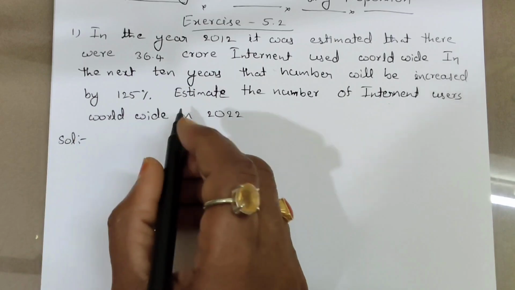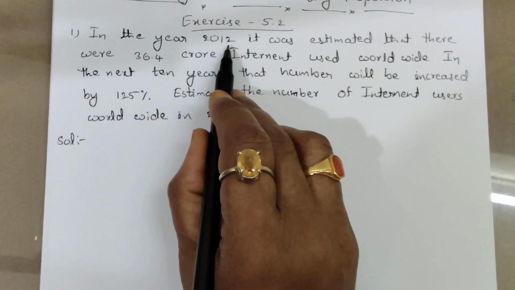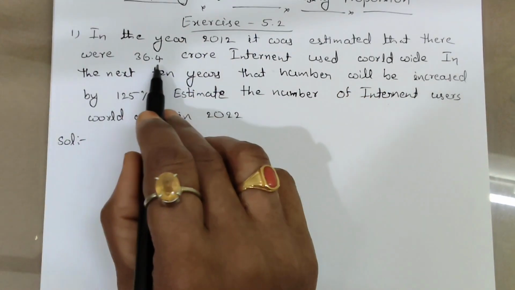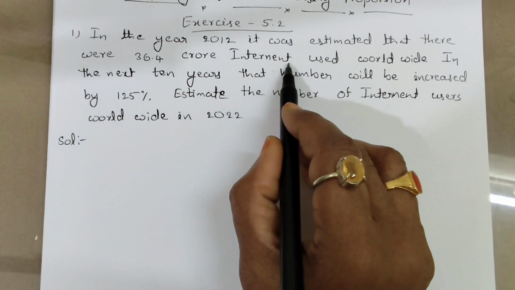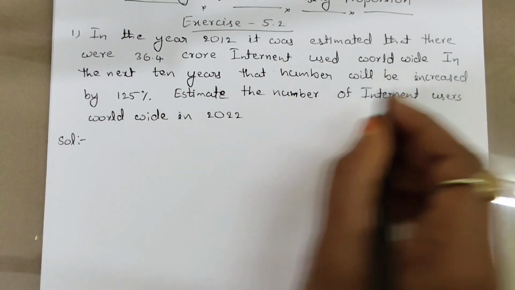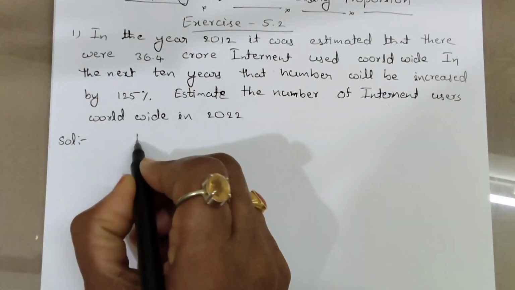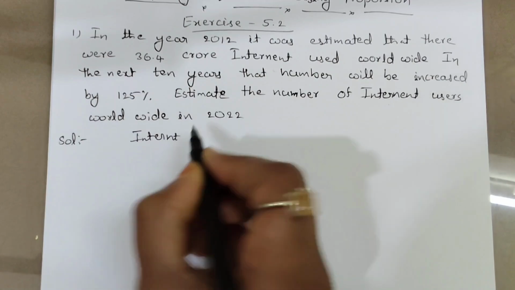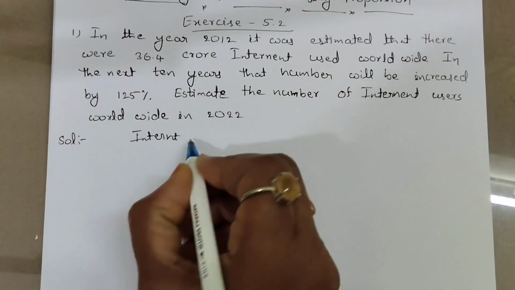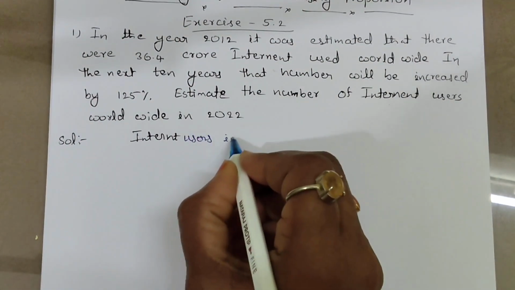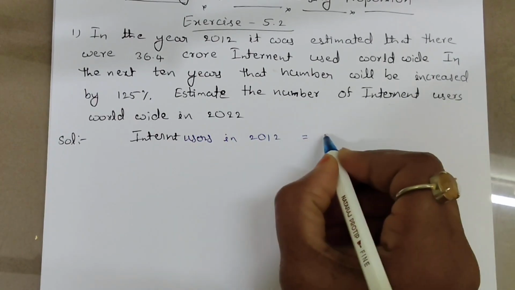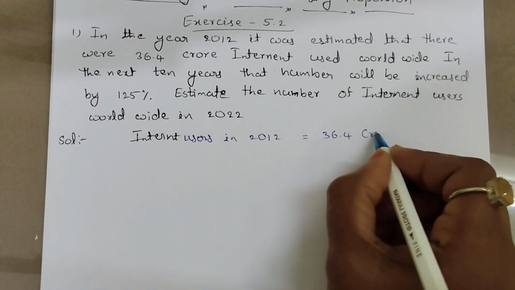Now, internet users in 2012. So first we write: internet users in 2012 is equal to 36.4 crores.